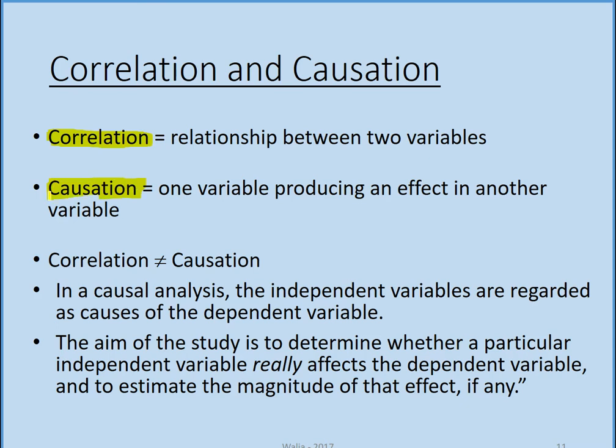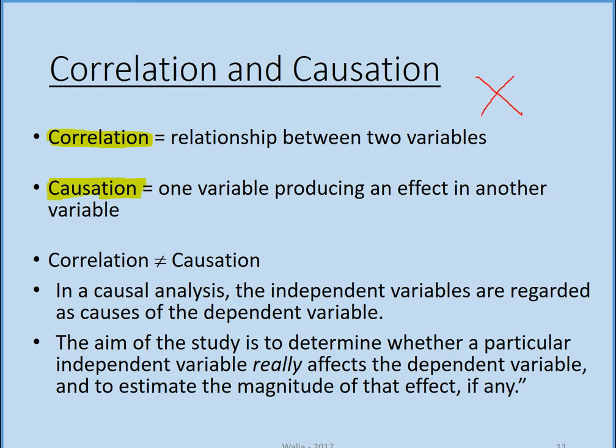In a lot of data analysis, we sometimes confuse these two. Correlation is that two variables are related to each other, and causation is... let me change my pointer first.